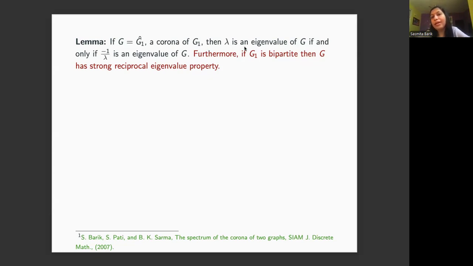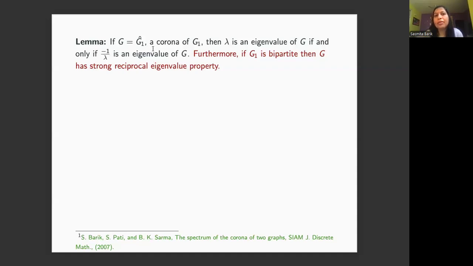Then if lambda is an eigenvalue of the graph, then -1 by lambda also becomes an eigenvalue of the corona. So if lambda appears, then -1 by lambda appears, and they will have the same multiplicity.